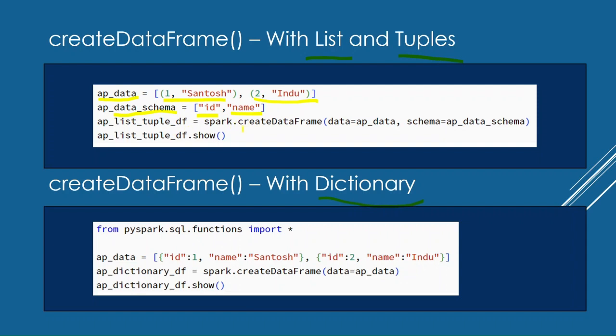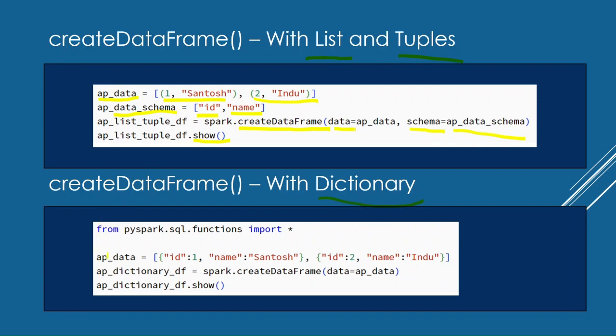Here I am calling the createDataFrame function and passing two parameters: one is data, another is schema. The data variable we have already defined. It is a list type, and we have also defined the data schema variable which has two columns, ID and name. With the help of the show function, we can show the content of the data frame.